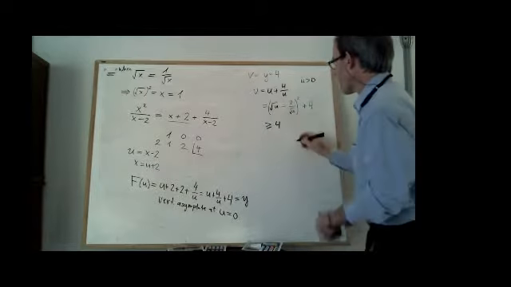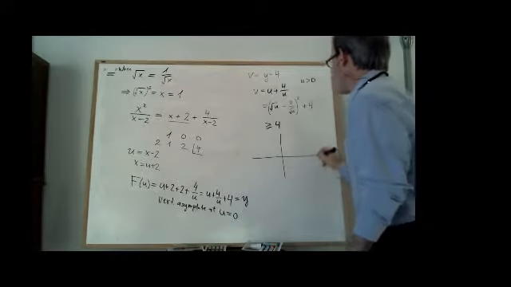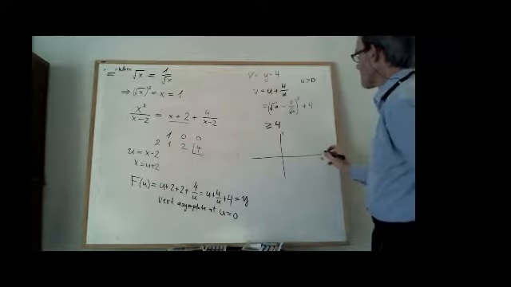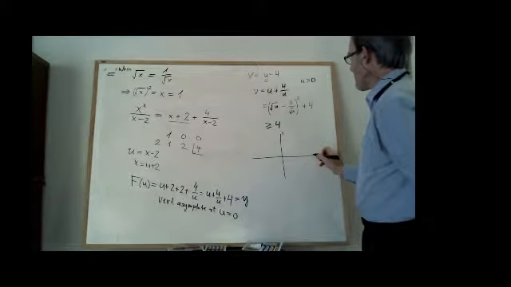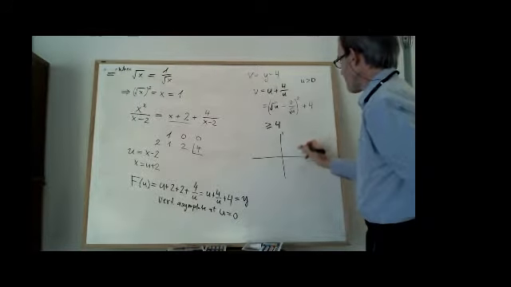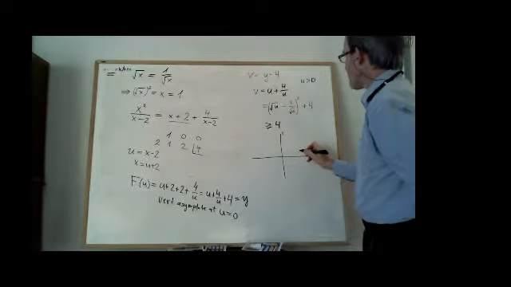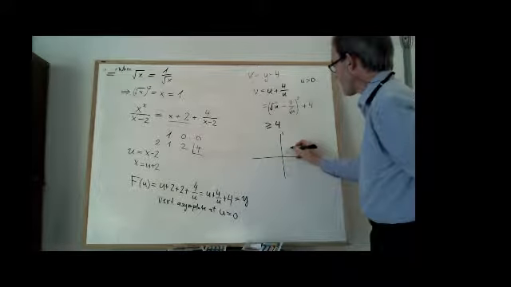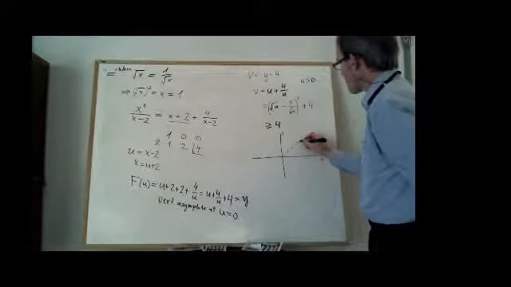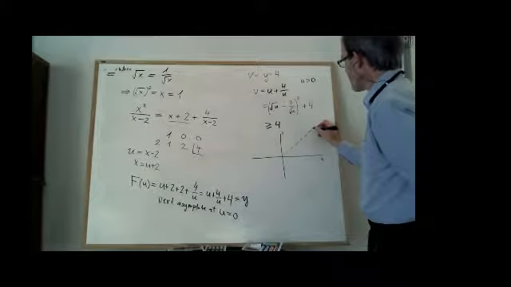So again, the graph will look like this. I'm looking at the part where u is positive, so I'm looking at this part here. The slant asymptote will be the same as before, v equals u.